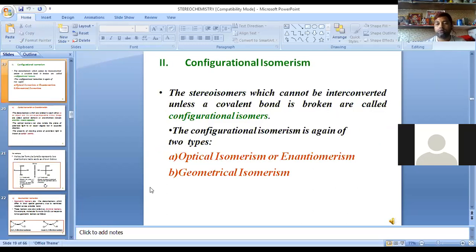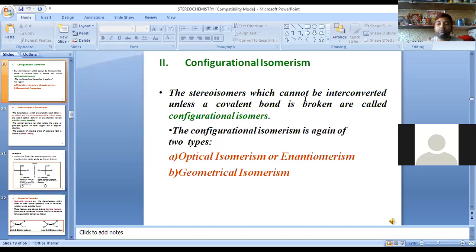Now the second one, configurational isomers or configurational isomerism. See, there is just a slight difference in the words conformational and configurational. The stereoisomers which cannot be interconverted unless a covalent bond is broken are called configurational isomers.